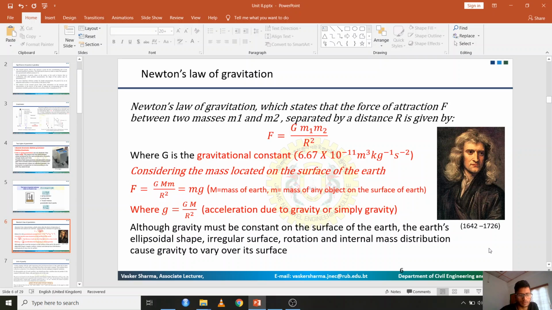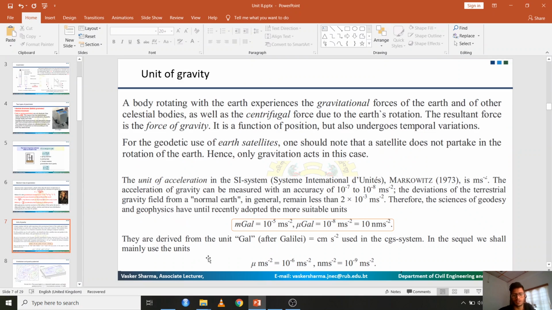Now let's understand the units of gravity, because gravity is very sensitive, as I told you, and varies on the surface of the earth, so we need to understand its unit. Usually the unit of gravity is given in milligal, and 1 milligal is 10⁻⁵ meter per second squared, so it is very highly sensitive.